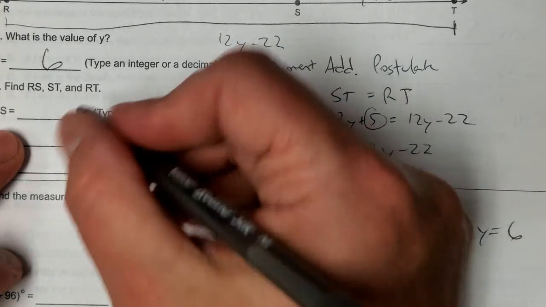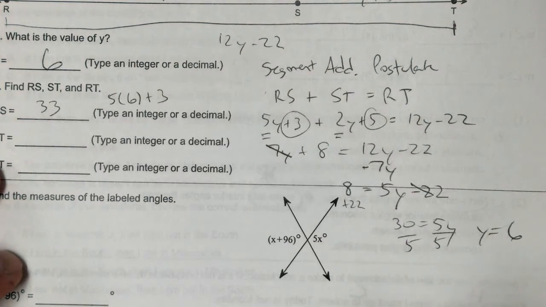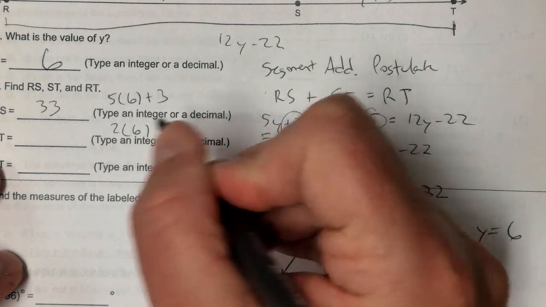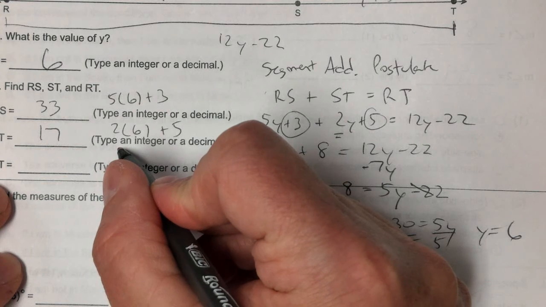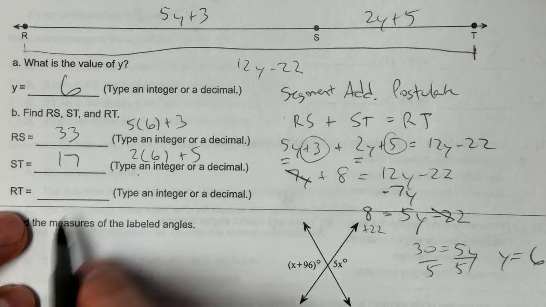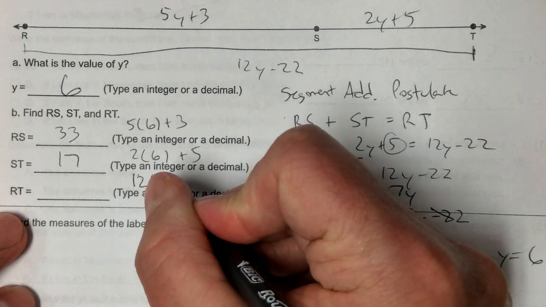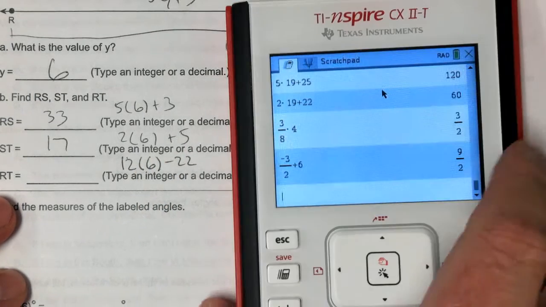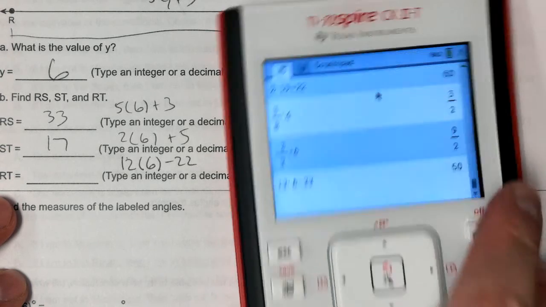Then plug in, so we got 5 times 6 plus 3 is 33. 2 times 6 plus 5, 12 plus 5 is 17. And this next one you should be able to get two different ways. If you plug in the y here, you got 12 times 6 minus 22, which is 50.